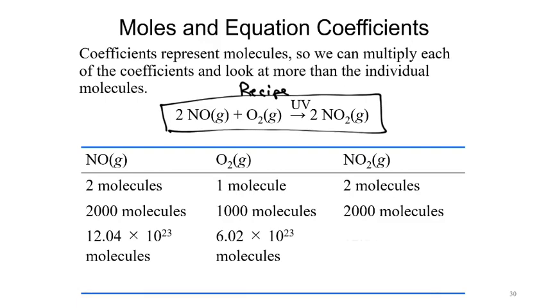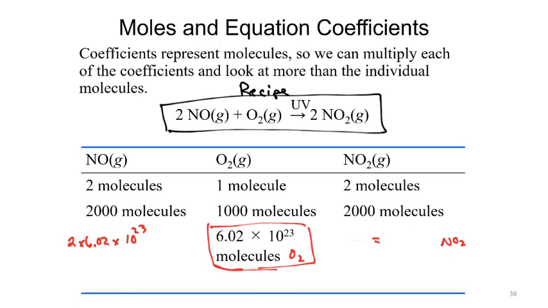So let's backtrack here. I just said we multiplied that out and all of a sudden it magically worked. Well, let's apply it a little bit differently. If I want to know how many molecules of NO2 I'm going to have, I would need to convert from the molecules of O2 that I'm given into molecules of NO2.